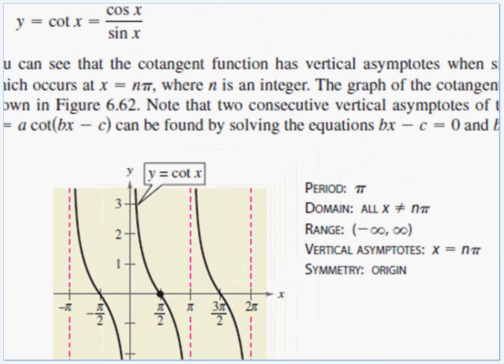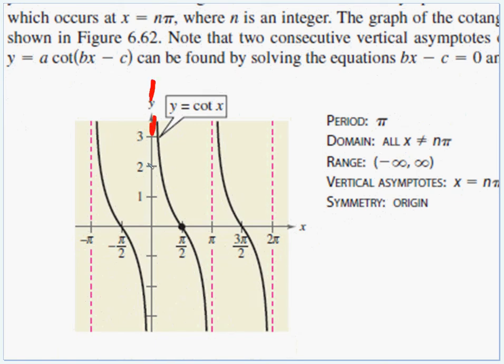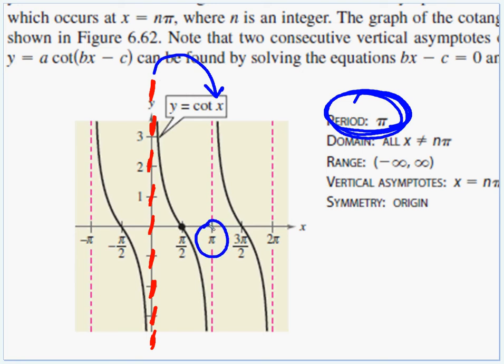Because here I like to point out, if cotan is not shifted, your first vertical asymptote is the y-axis. And once you have your first vertical asymptote, you can use the period to jump to all the others. They say here that the period is pi, and if we have a vertical asymptote on the y-axis, we'll have another one over here at pi radians. We'll have another one at 2 pi radians.